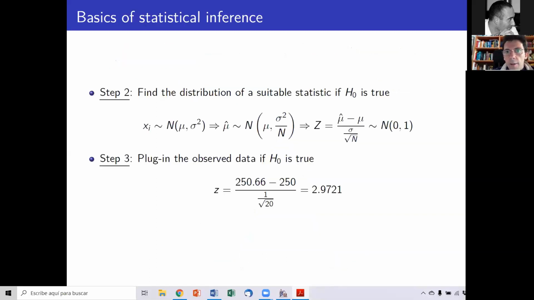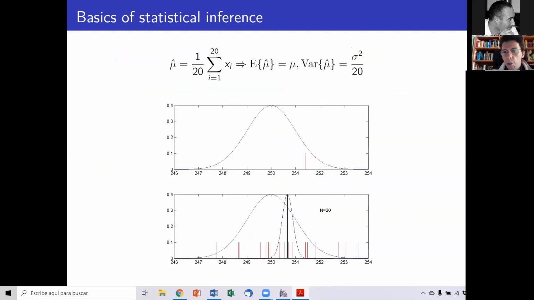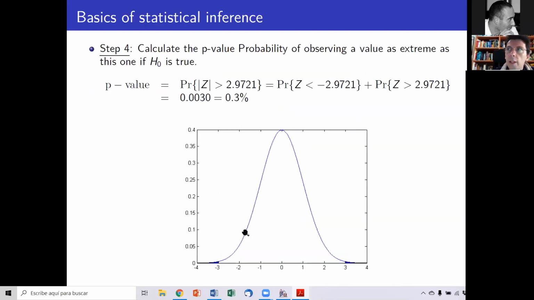So if the machine is correctly working, positive deviations of 0.6 should be as extreme as negative deviations of 0.6. And this is where the two tails come in. So you have to look at the probability on both sides of the distribution, that is the two tails. And when you are doing a one-tail test, you are only looking at the probabilities on one side of the distribution. So these areas is only 0.003.